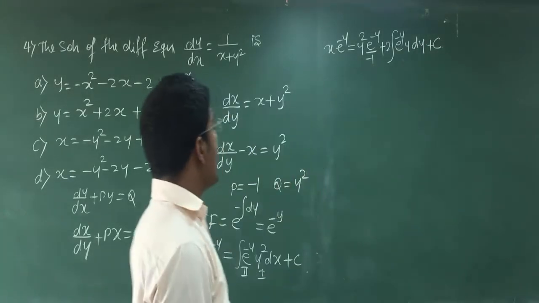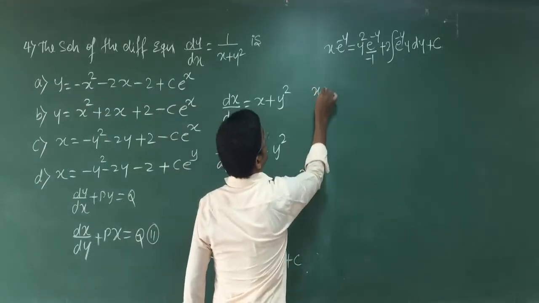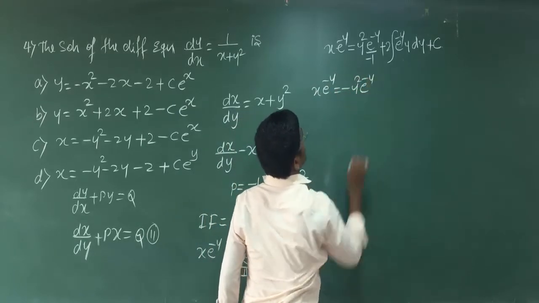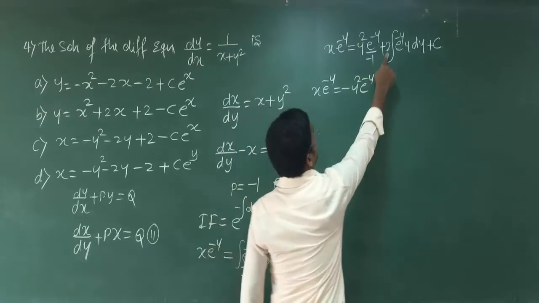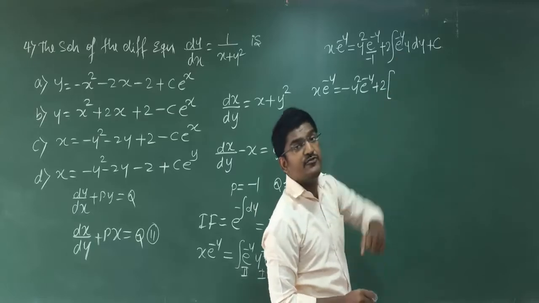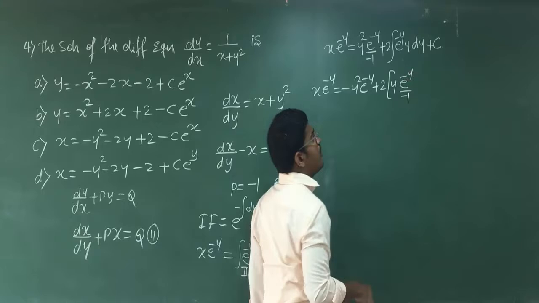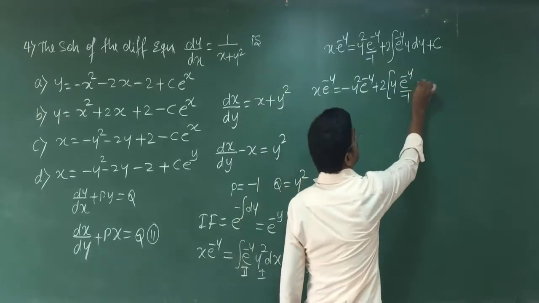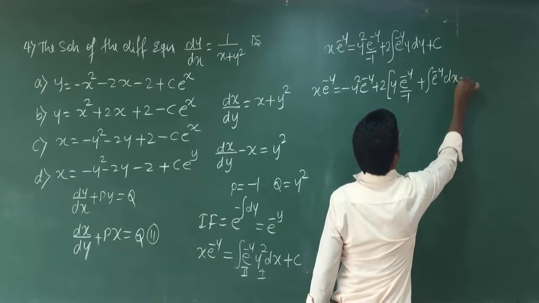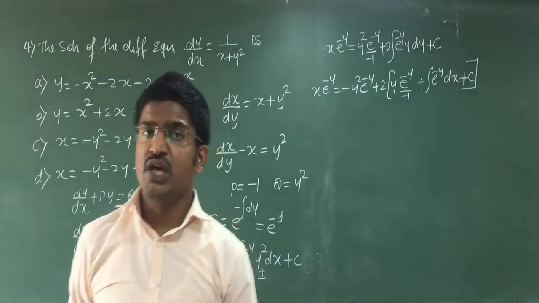Clear? Now we have to simplify that again. See here, x into e raised to minus y equals minus y square into e raised to minus y, and this 2 is as it is, no problem. Again you have to use the ILATE form here, so it will be y e raised to minus y divided by minus 1, minus into minus will be plus, e raised to minus y, differentiation of y will be 1, dy plus c. So this will be your equation.